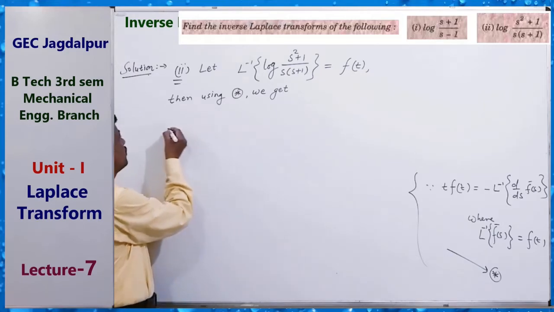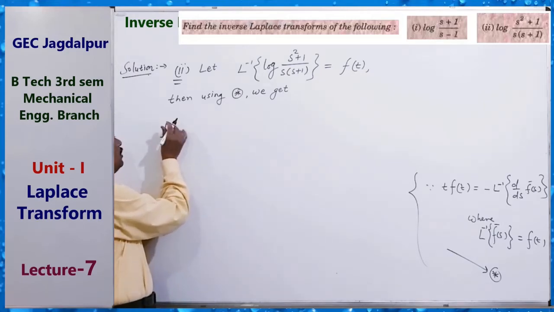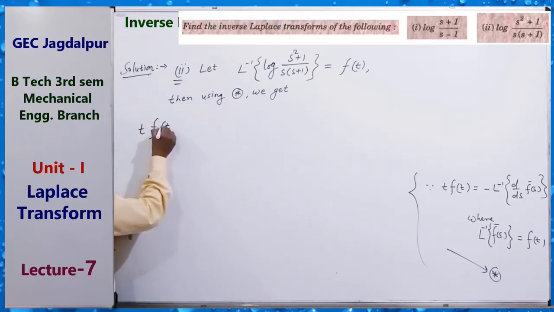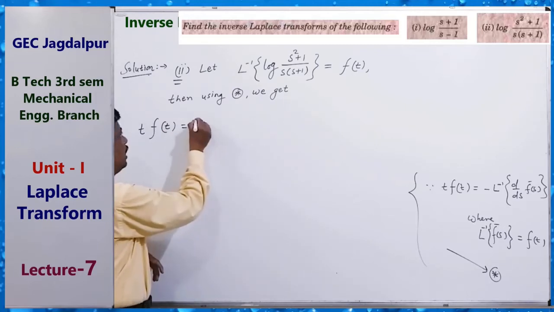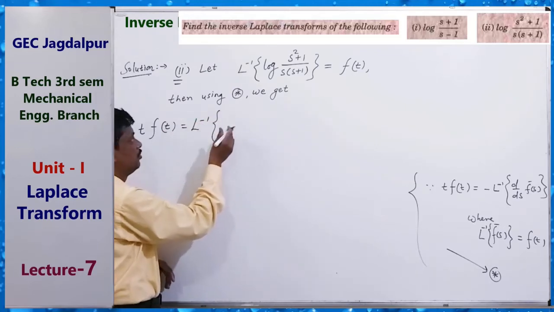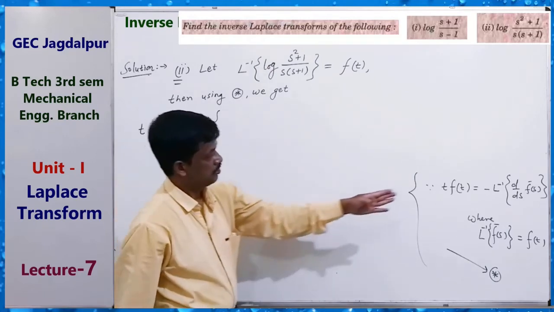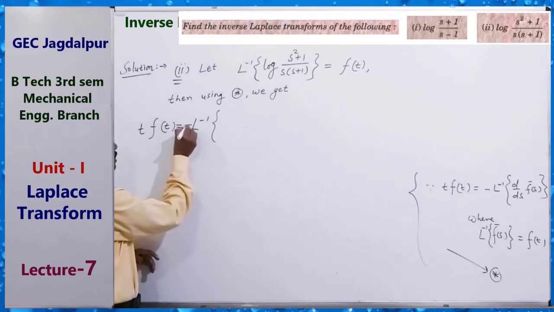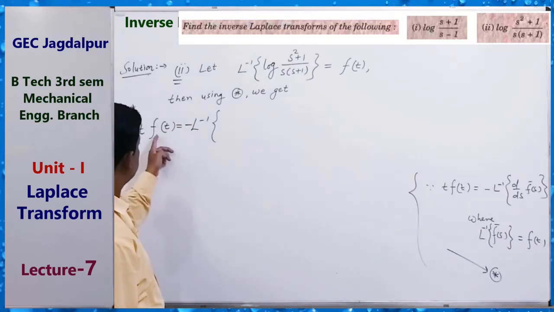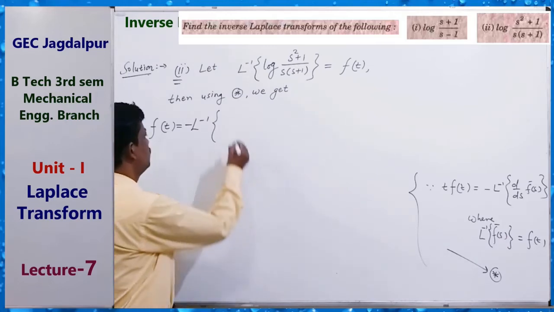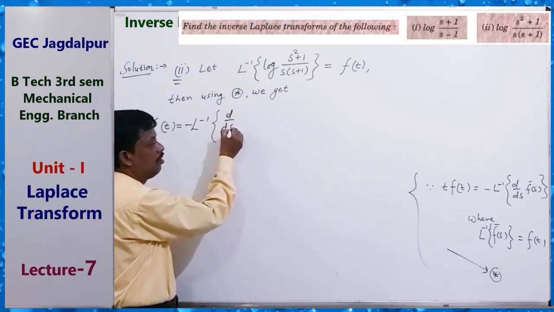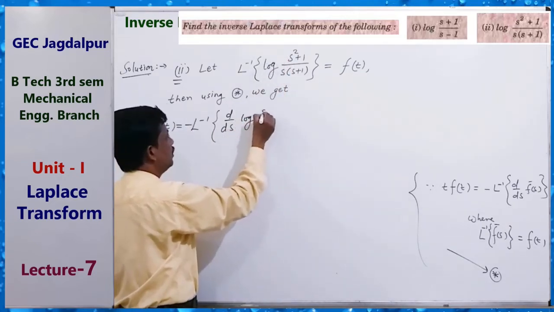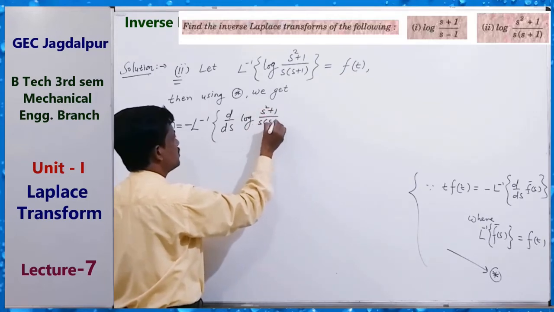So you can also separate it like this by using this formula. t f(t) equals minus of L inverse of d by ds of F(s) bar, that is, this is F(s) bar: log of (s square plus 1) upon (s plus 1).